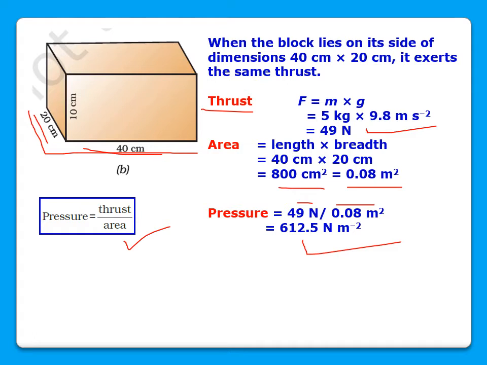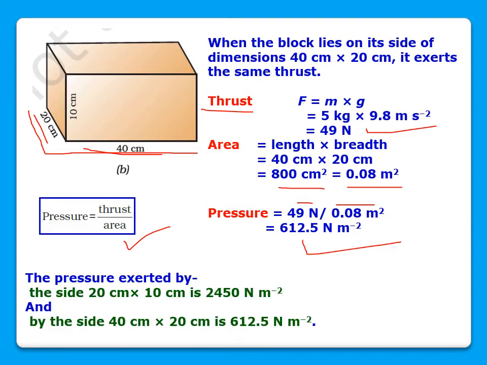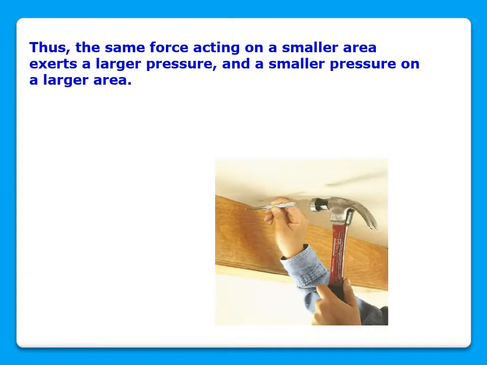Okay, so the pressure exerted by the side 20 into 10 was 2450 and by the side 40 into 20 is 612.5 Newton per meter square. So what did you see?